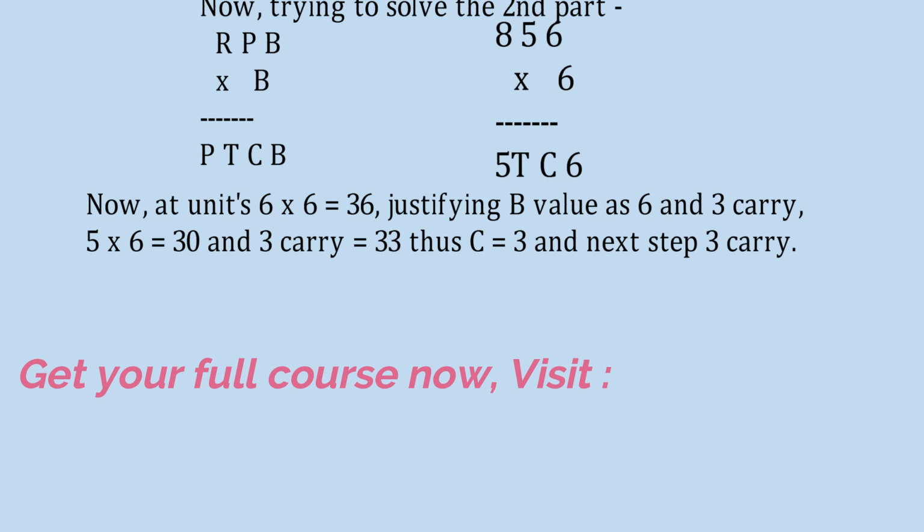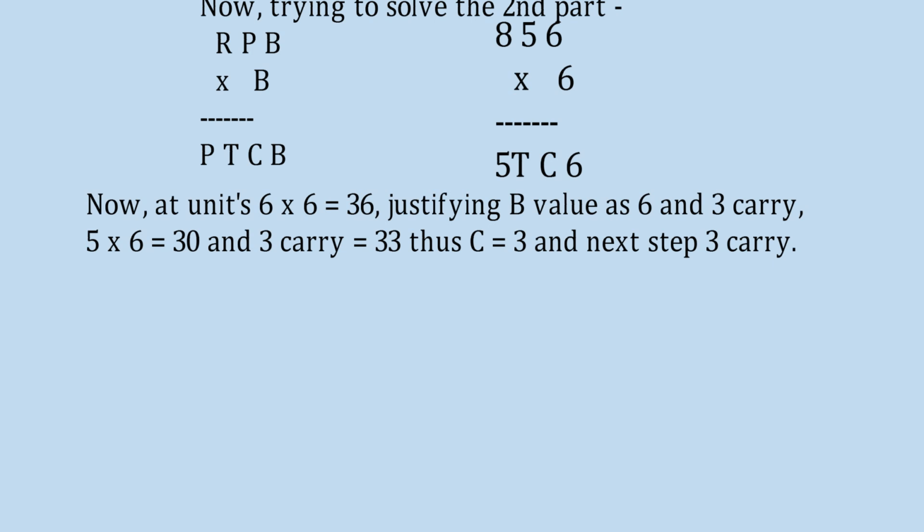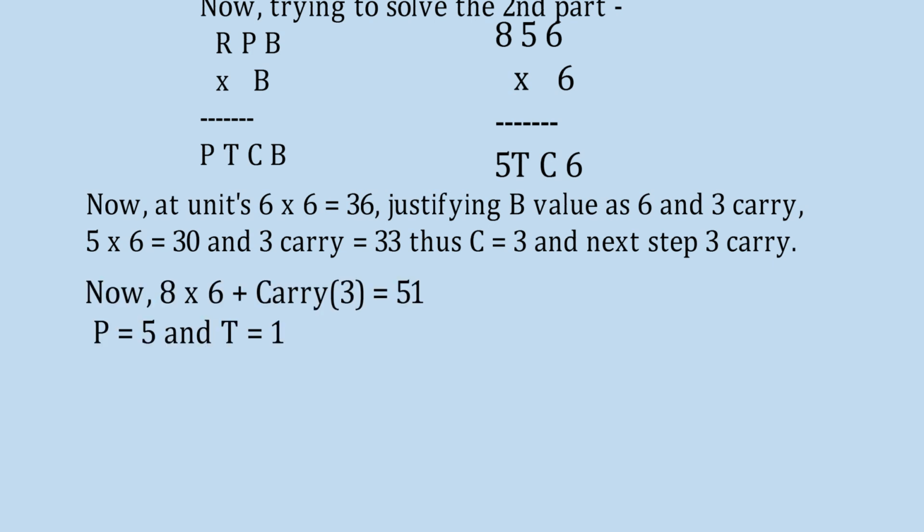So C is 3 and a carry of 3 is generated for the next step. So let's see the next step. 8 into 6 equal to 48 with a carry of 3, so it becomes 51. 5 is already at the thousands place, it means T is equal to 1. So that's how you deal with it.